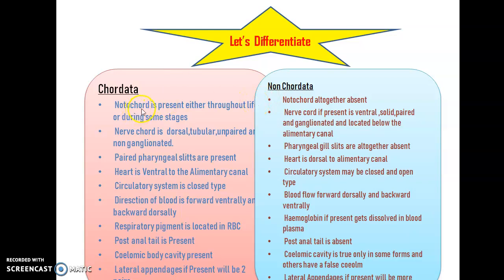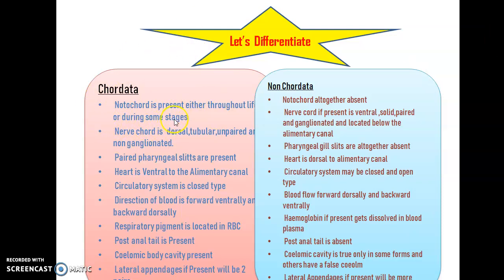The first one is notochord. Notochord is present in chordates only, and it is present either throughout the life of all chordates, or in some chordates it is restricted only to certain stages.